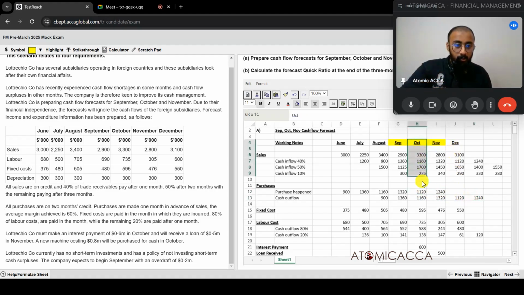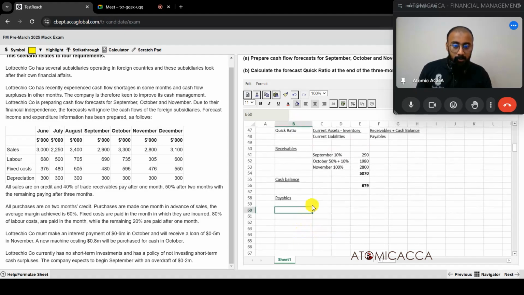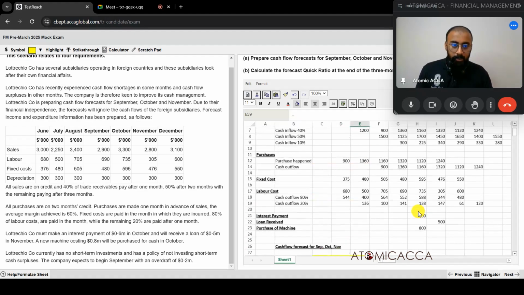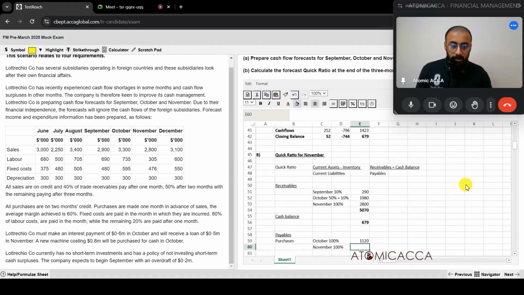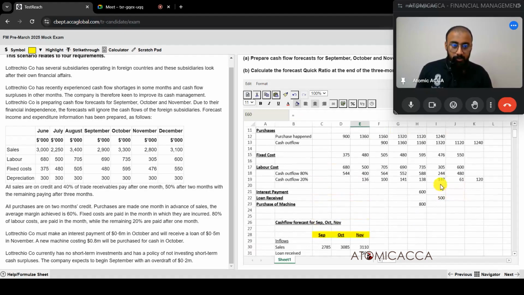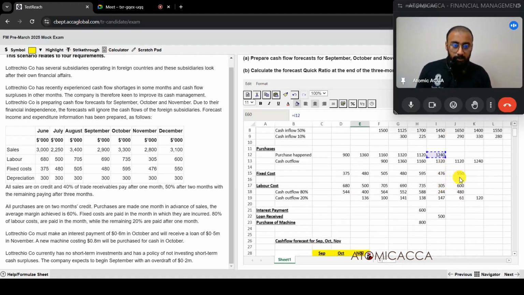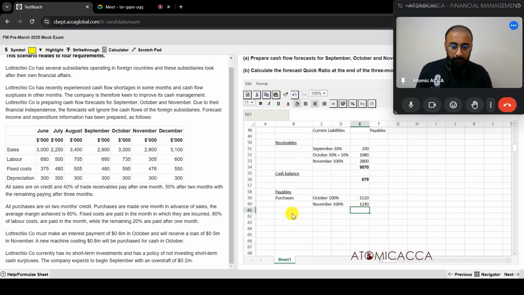So October's payment and November's payment are pending as of November related to purchases. October 100% and November 100% is pending. So October purchase was 1120 and November purchase was 1240. So that is ready.